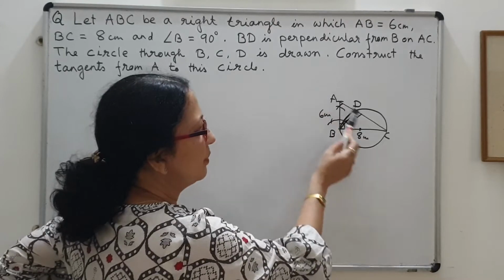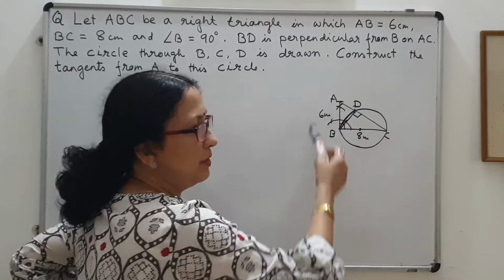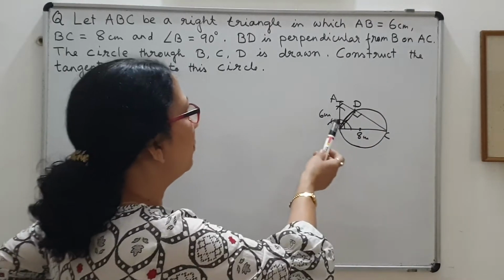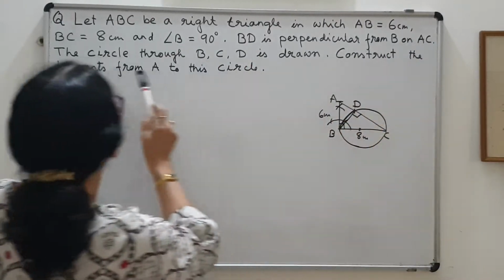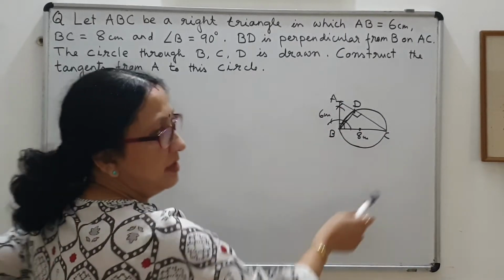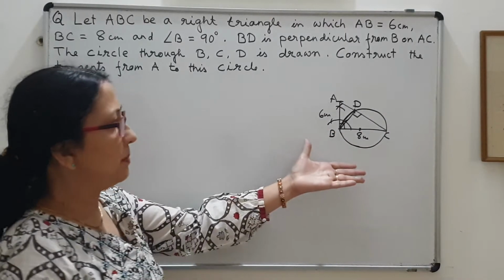BD will be perpendicular to AC, as well as the circle through B, C, D will be drawn. So in a very simple way I get this. My work became very simple.